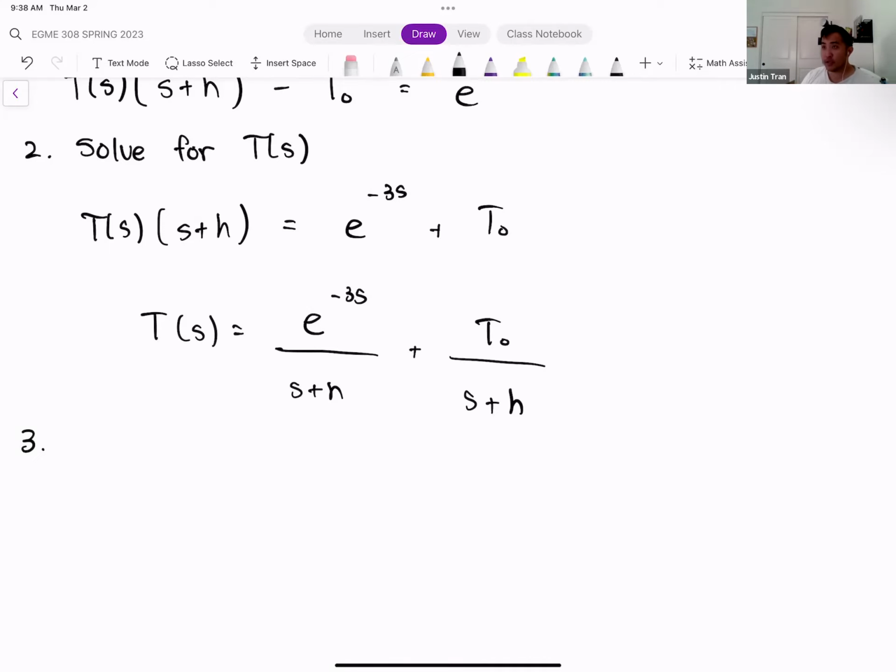The good news here is that, because we have a first order equation and we only have impulsive forcing, there's no partial fractions that we have to do. We can just straight up invert this because we have 1 over s plus h on both of our terms.